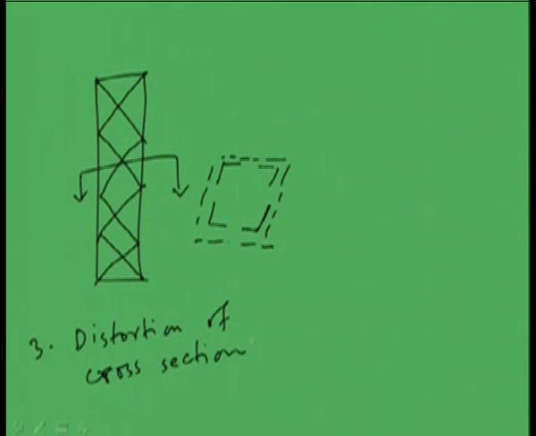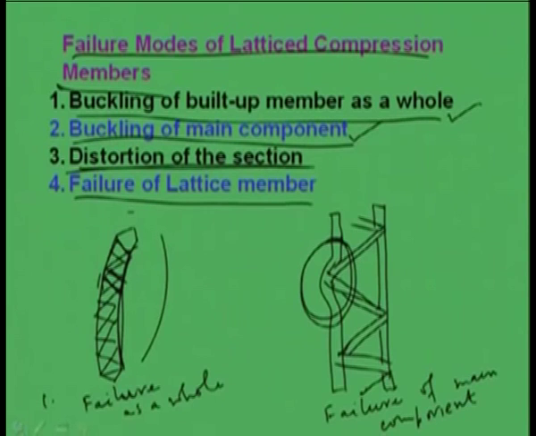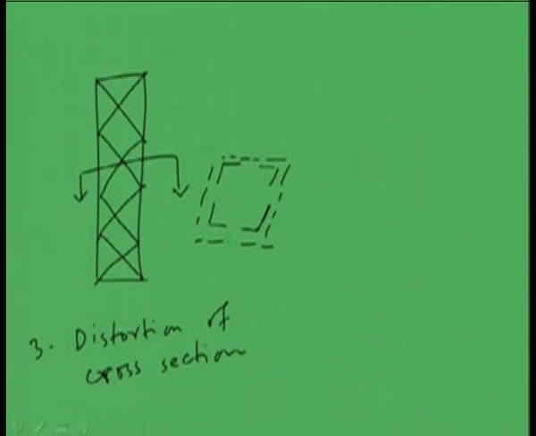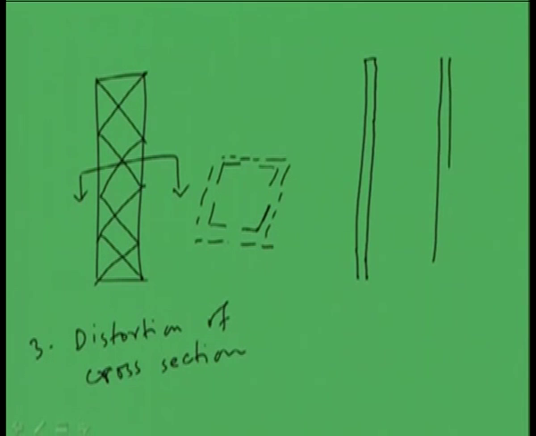Another failure is the failure of lattice member. That means the lacing member itself fails. This happens when the lacing members are not designed properly for the horizontal load which is coming because of the transverse shear.